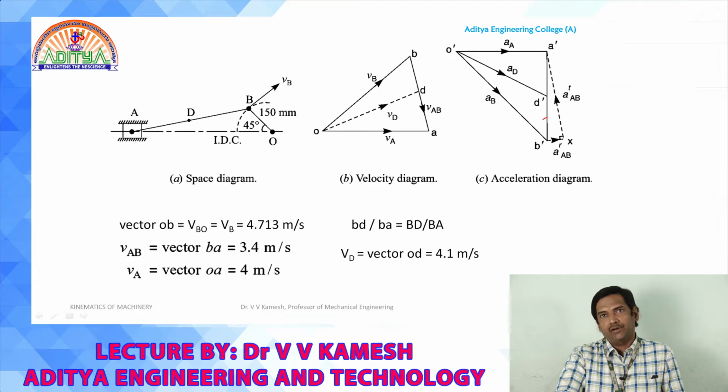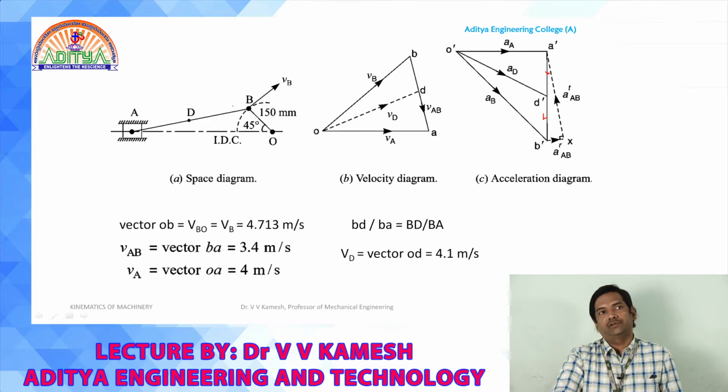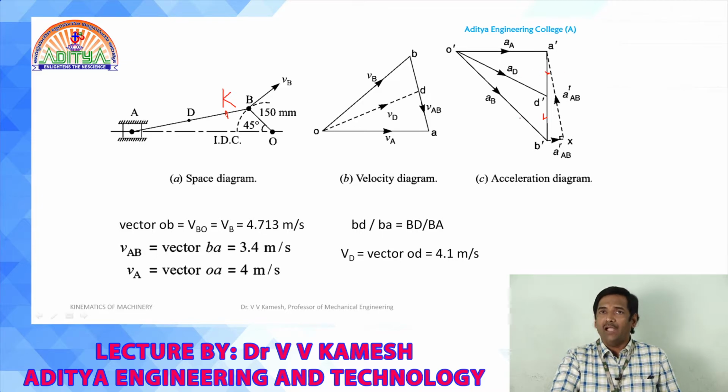So, whatever the point we identify in between here or here, whatever it might be, they will become absolute accelerations of those points. Suppose I am locating some point K here on the connecting rod, at a distance Bk from B, Dk from D, or Ak from A. So, between D and B, I am locating some other point K. So, this is the point K. This will be directly joined with the K point.